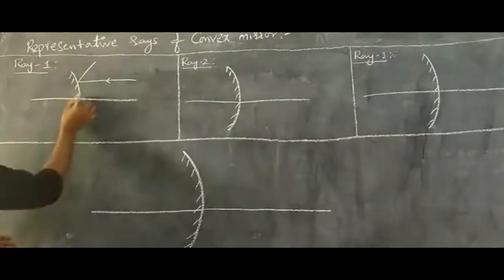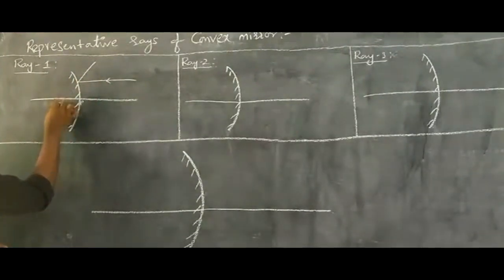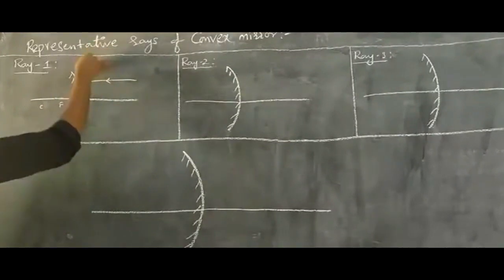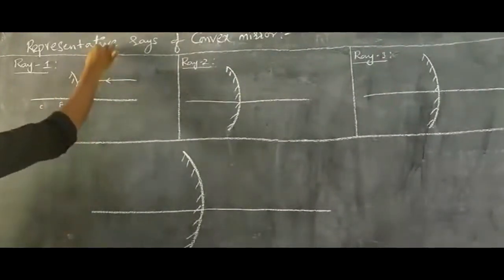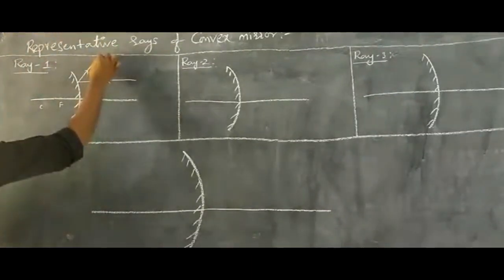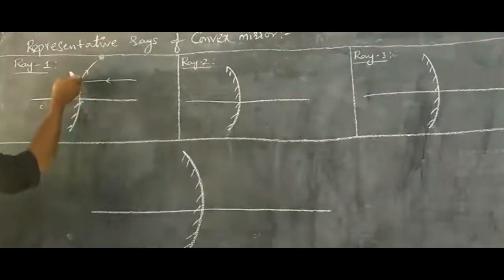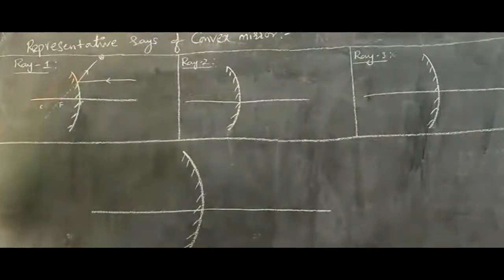Here we represent the pole, focus, and center of curvature. The ray is diverged after reflection. But when you observe this reflected ray from here, it appears that it is coming from the focus.